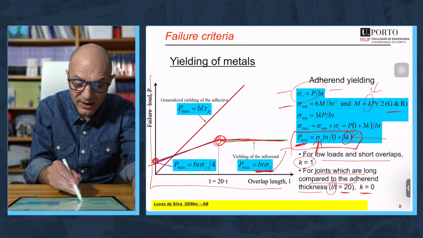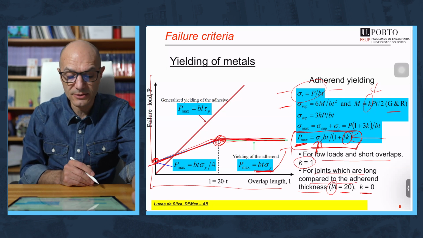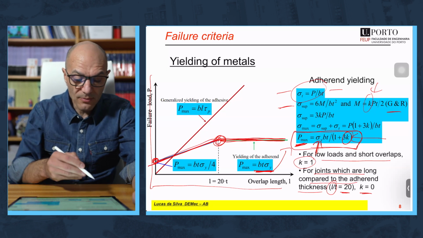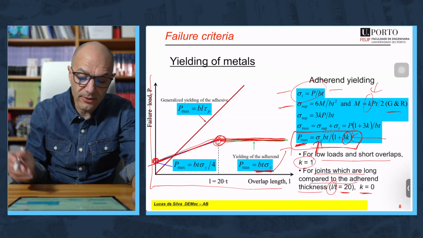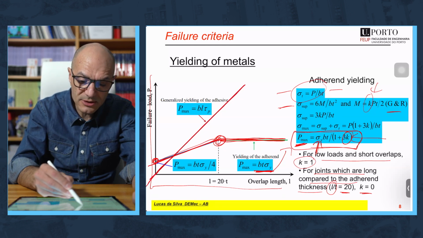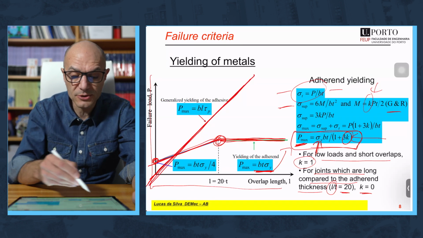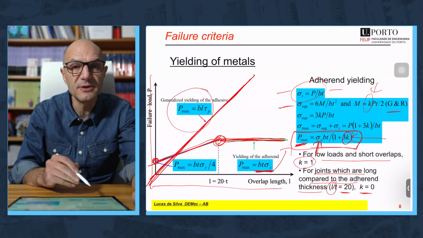And then we have the limit corresponding to the yielding of the substrate. On the other end of the scale, we have this line corresponding to perfect proportionality between load and overlap, which corresponds to the global yielding of the adhesive.